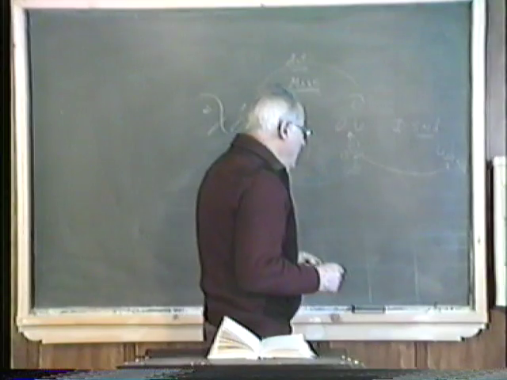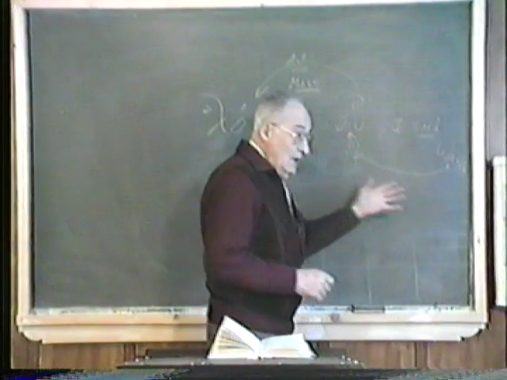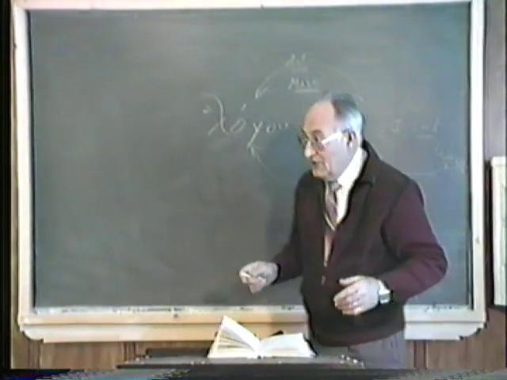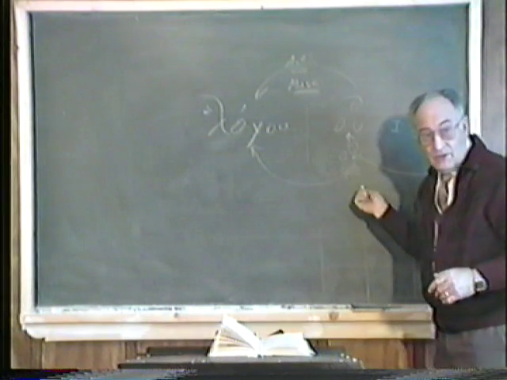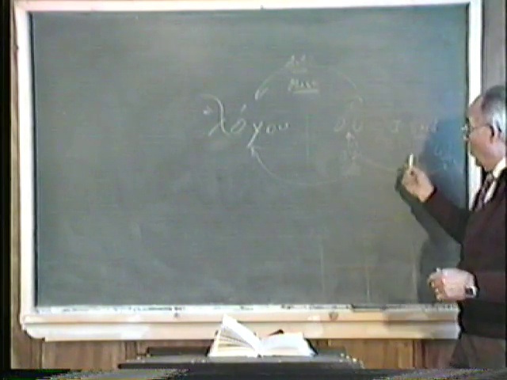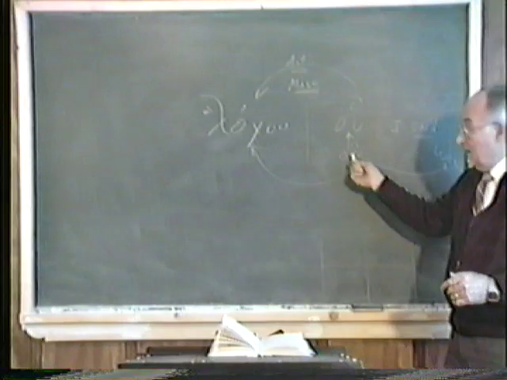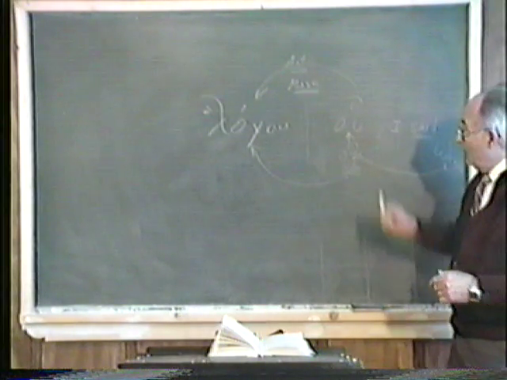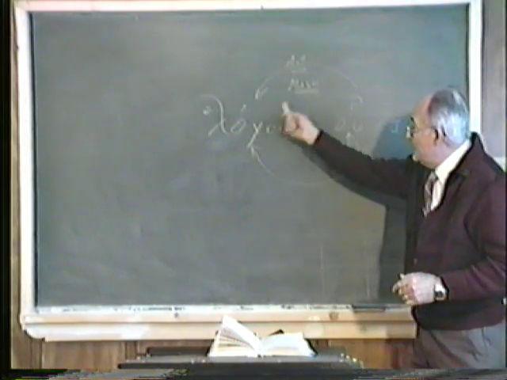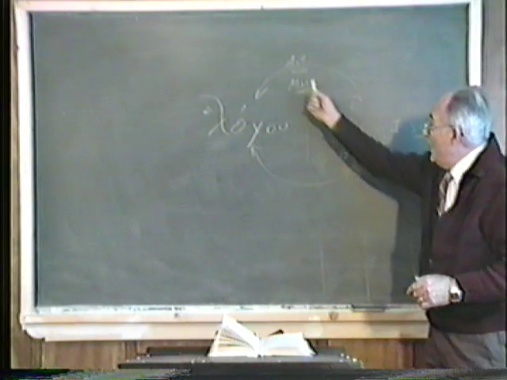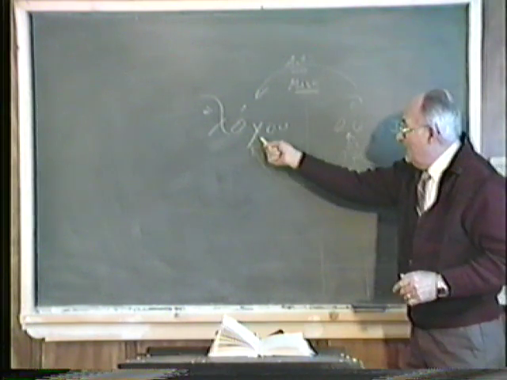Now then, I want you to see this, though. Do you have it down? Why it is not this, but it's who. Again, it takes its gender from its antecedent.